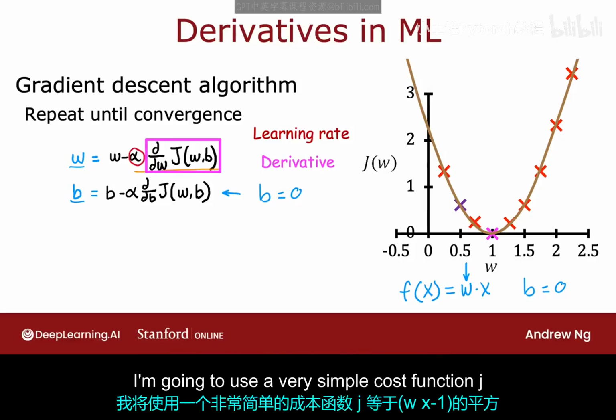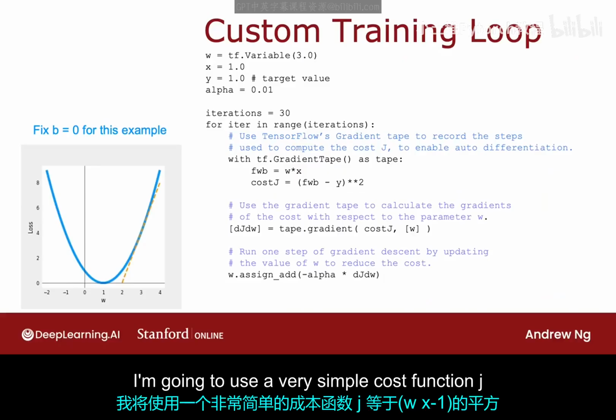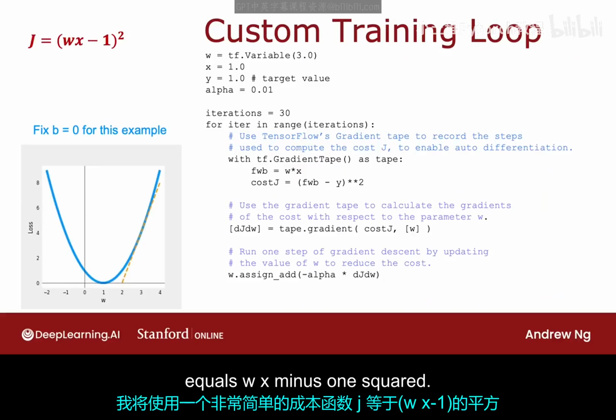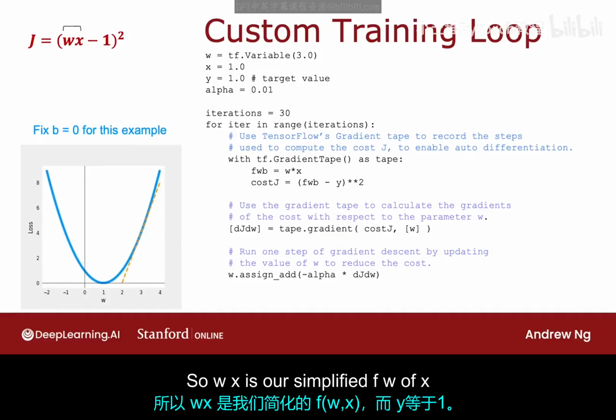Let's see how. I'm going to use a very simple cost function, J = (wx - 1)². So wx is our simplified f_w(x), and y is equal to 1.